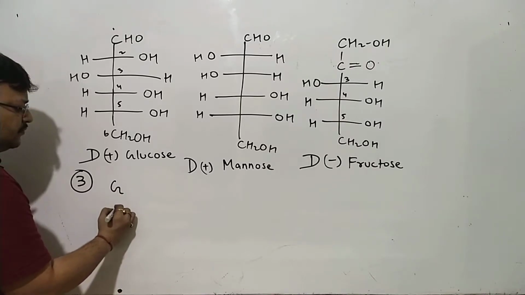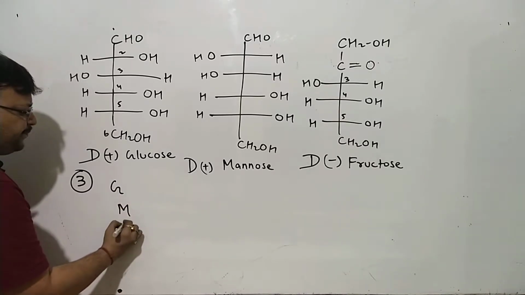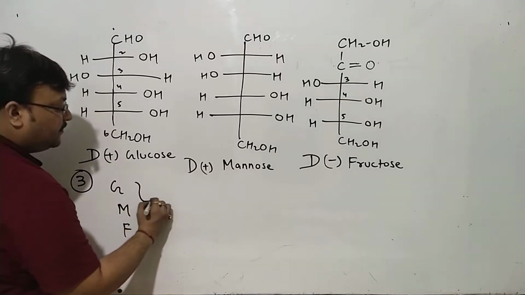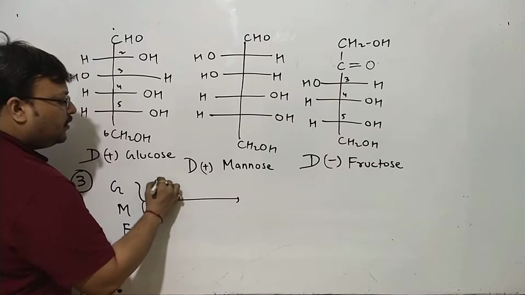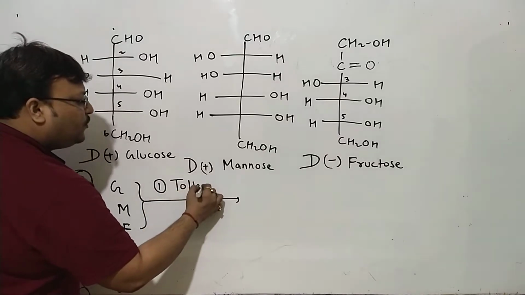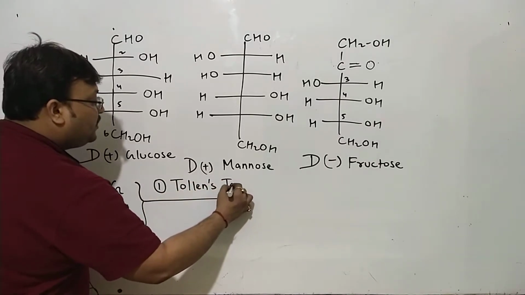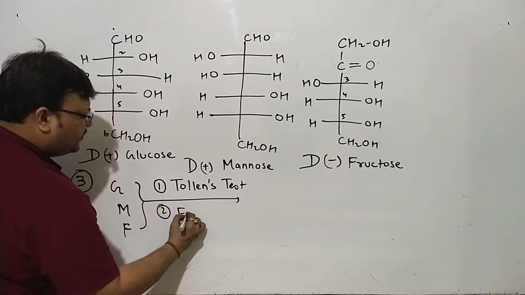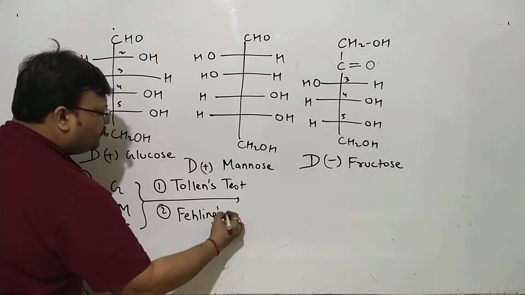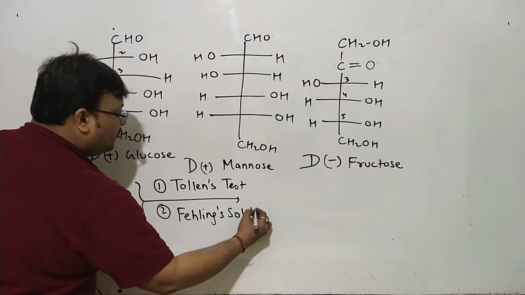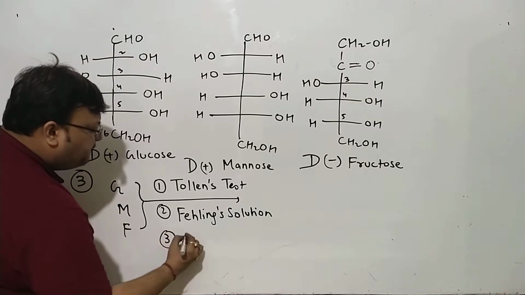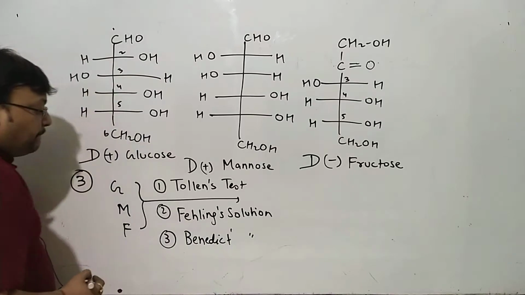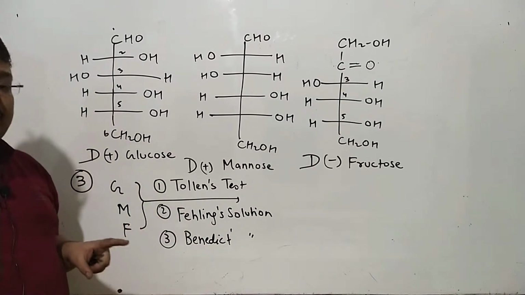Glucose, mannose and fructose, when they are treated with Tollens reagent, or Fehling solution, or Benedict solution, they're all mild oxidizing agents.